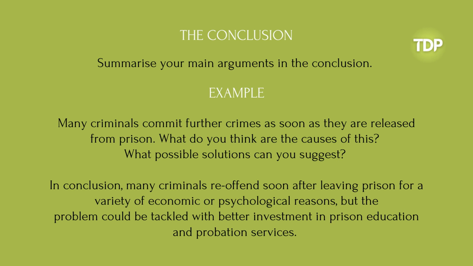They primarily commit crimes because they are economically weak, and some people are affected by psychological conditions. So they have no other way than to survive, they have to commit some crime. And the writer also suggests a solution. He says proper prison education and probation services can make them feel valued, okay, and they may not get into such crimes again.